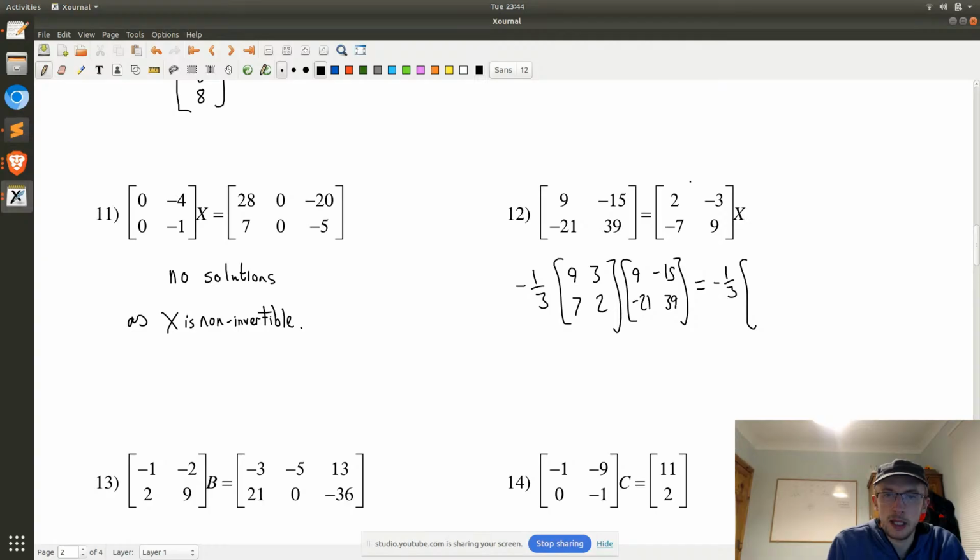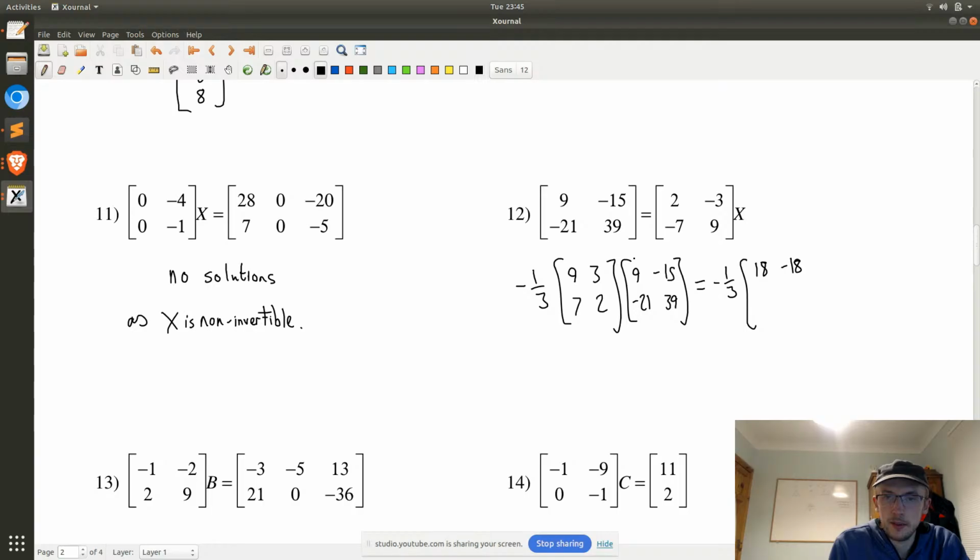So we get 81 take 63, which is 18. Negative 135, plus 117. So like negative 18.